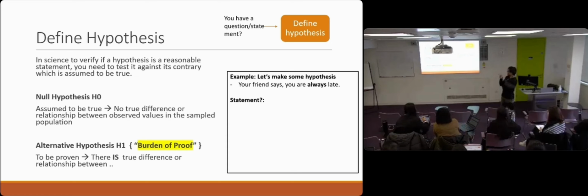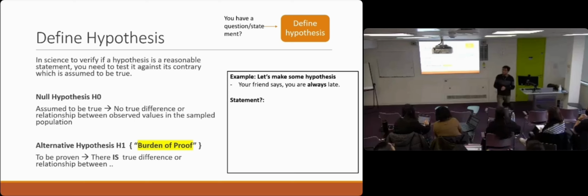Your friend says you are always late. So what's the null hypothesis? You are not always late. Again, use the qualifiers. And what would be the alternative hypothesis? You are always late. How would you prove it?